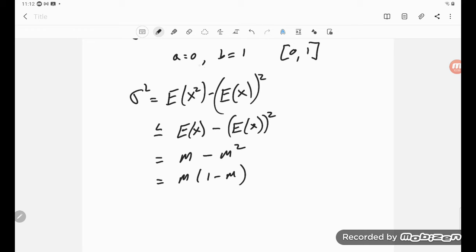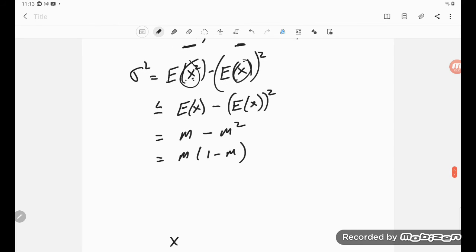Again, because we're between 0 and 1, I know that x squared is smaller than x. And so that's why I know the expected value of x squared is smaller than the expected value of x. So that's how I got that. I just got to use the fact that x squared is smaller than x on the interval 0, 1.